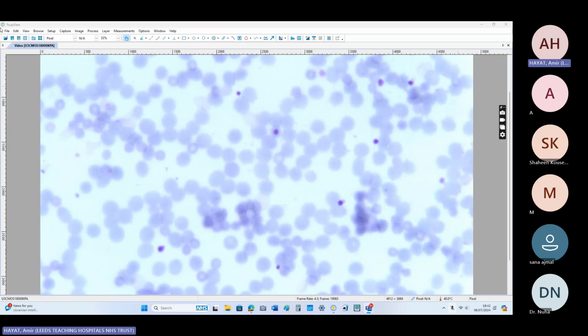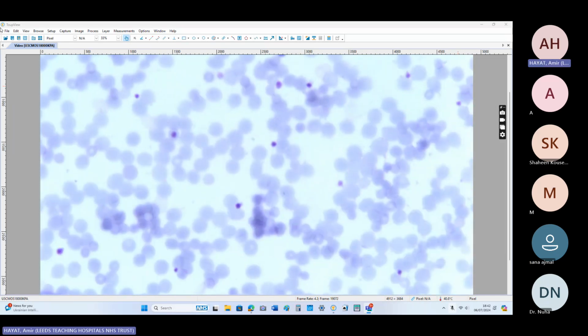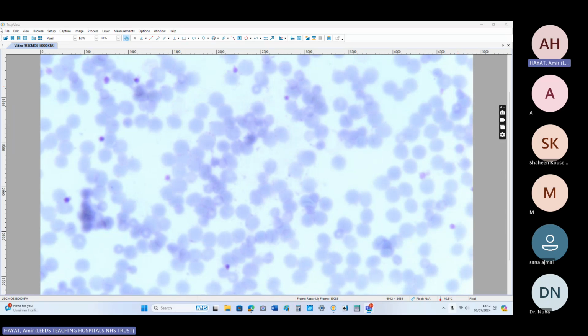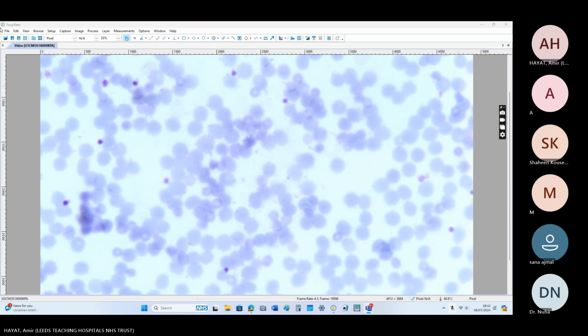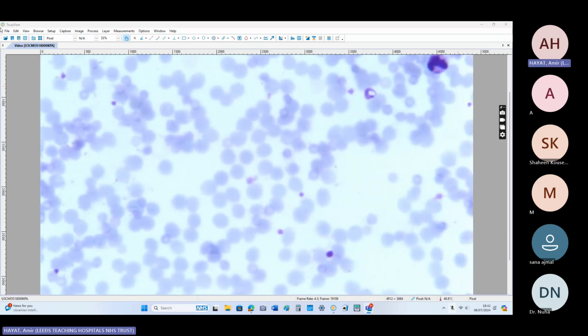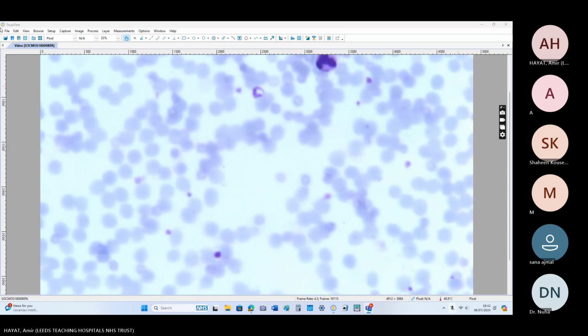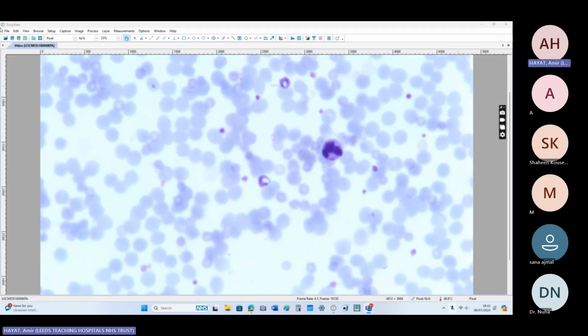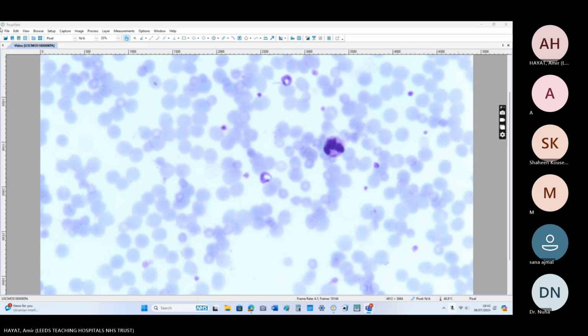So this patient is from Northern Africa and has headache and agitation. This is the blood film for you.